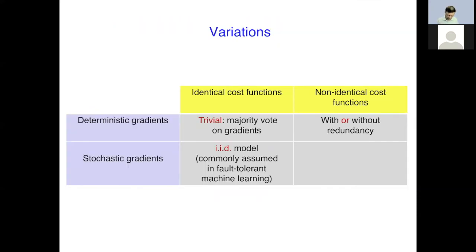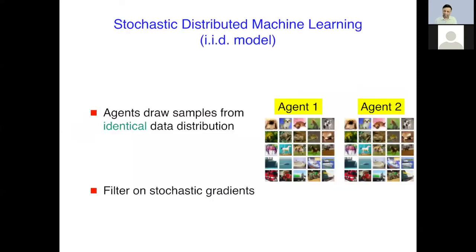Actually, before I come to this, which is the non-IID case, let me give you a quick example of when this might actually happen. And we may have talked about this briefly earlier. So when would you have identical cost functions? One example of that is machine learning. So you may have different agents that are working with this trusted server to perform distributed optimization, but these agents may have access to identical data sets, right?